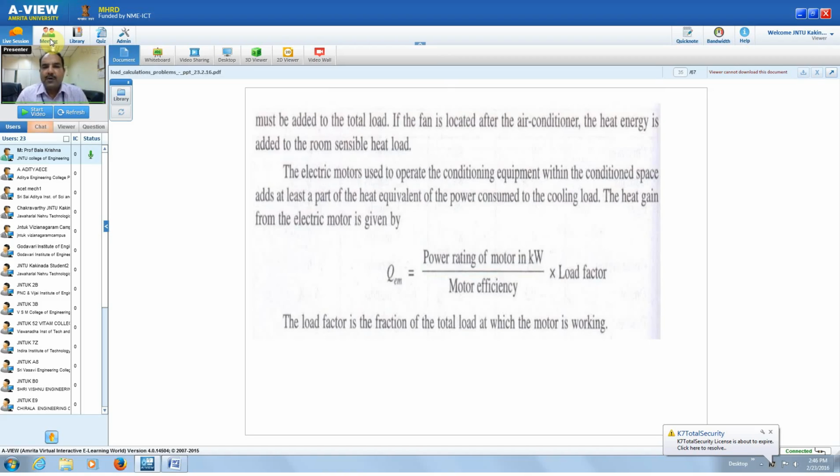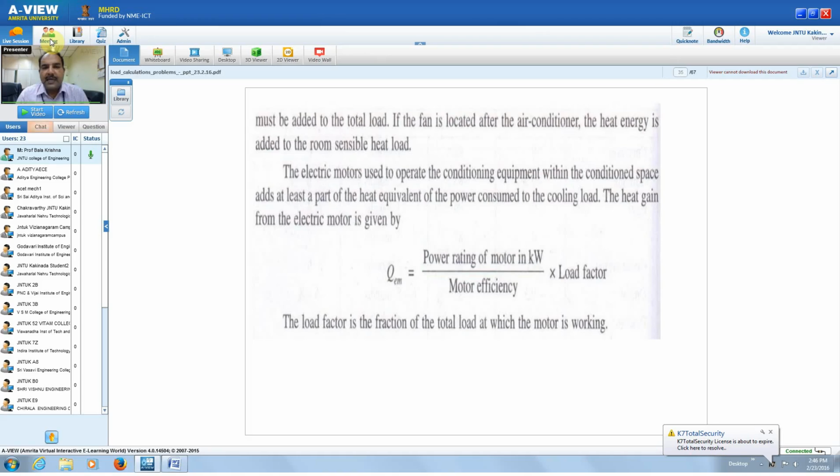If the fan is located after the air conditioner, the heat energy is added to the room's sensible heat load. The electric motors used to operate the conditioning equipment within the conditioned space add at least a part of the heat equivalent of the power consumed to the cooling load.